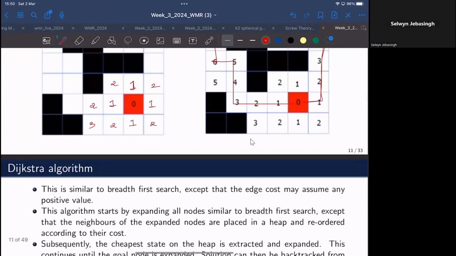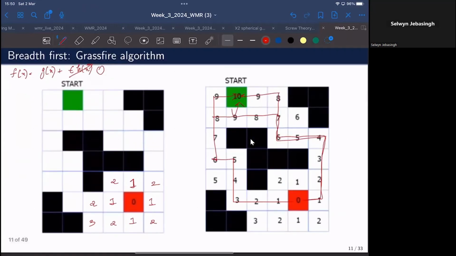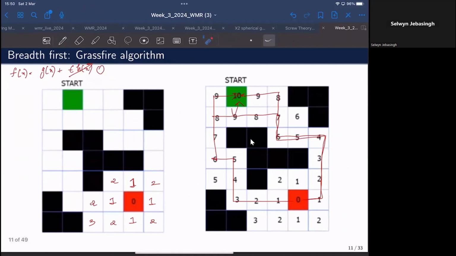Right? For example, in case of the grassfire algorithm, the path cost was constant. Like if it moves from the current position to 1 unit, it will only have a single unit of this path cost. And if it moves from here to here, again, the increment would be only a single unit of path cost.